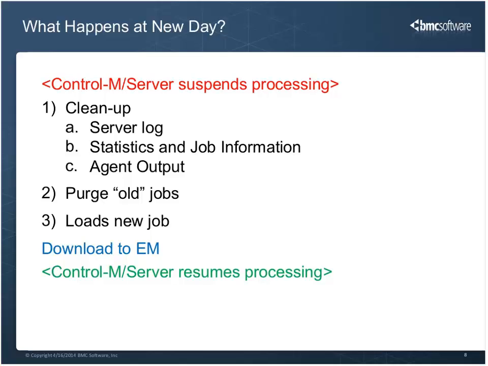The active environment is the set of jobs that the Control-M Server is currently processing. At the end of New Day, this will be the jobs that remained, that were not purged from the previous day, plus the new jobs that were ordered in, and that set of jobs is your active environment, and that active environment is what is downloaded to the EM so that the EM and the server are in sync.